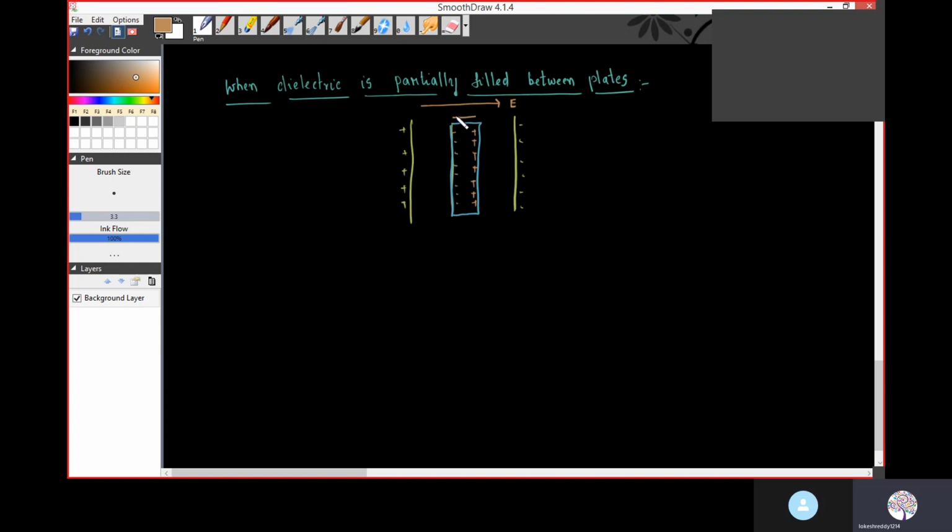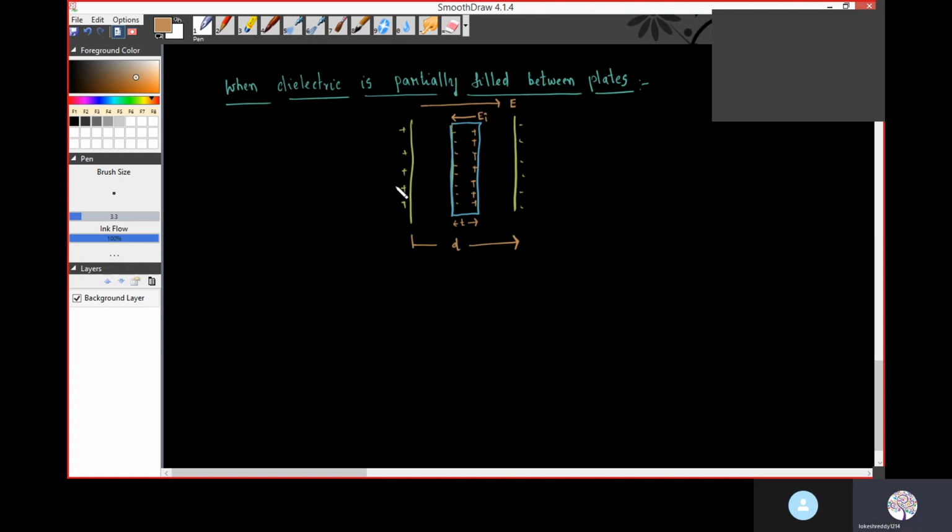So the induced electric field is in this opposite direction. Now this distance is d, and the thickness of this dielectric is t. So now we know that the electric field got reduced.